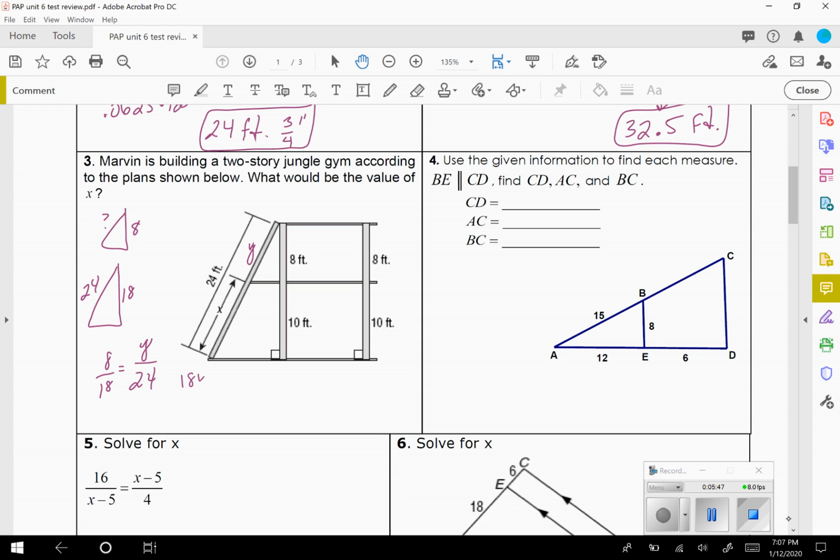So 18y, 24 times 8 is 192. So it's 10.6 repeating, okay? So that's 10 and 2/3, okay? And so then we'll just subtract. So we'll do 24 minus 10 and 2/3.